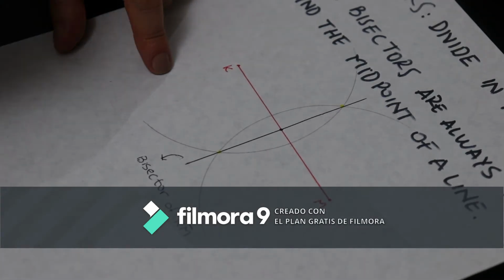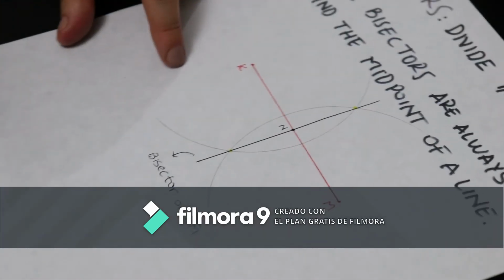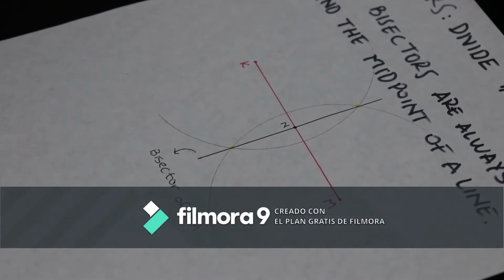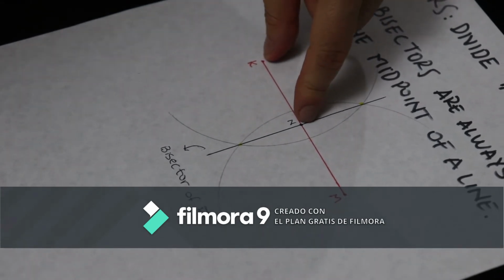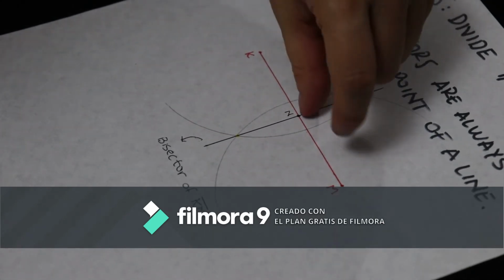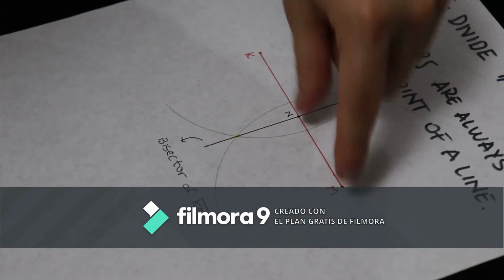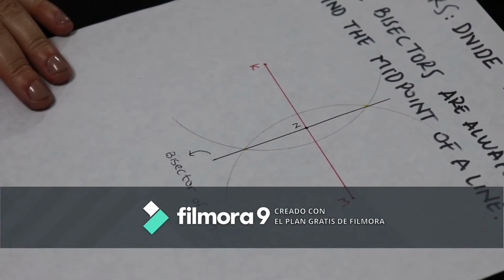And that midpoint, we usually give it a name. In this case, it could be N. And that is the exact point where I can tell KN is exact half of KM, and NM is exact half of KM. So that's how you do it.